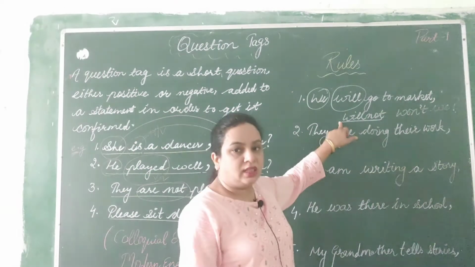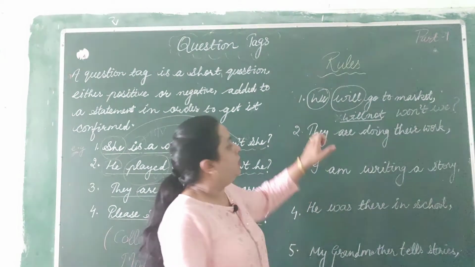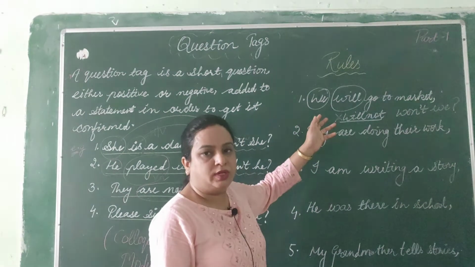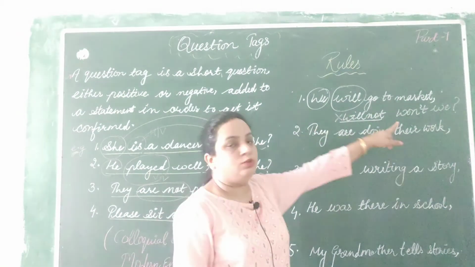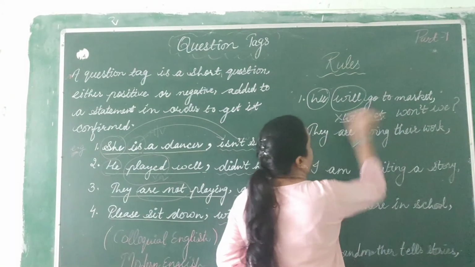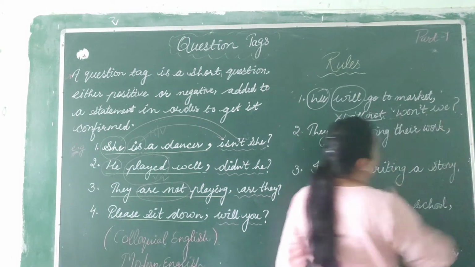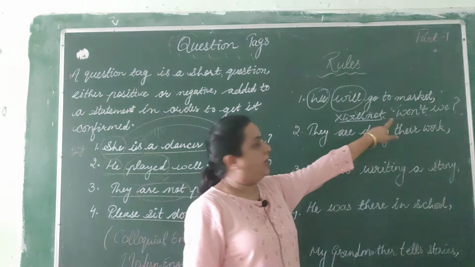If you add the full form, that is wrong, right? Because the helping verb with "not", if required, we have to use in short form. So you will not write that one, you have to use this one, which is accurate. So "won't we".